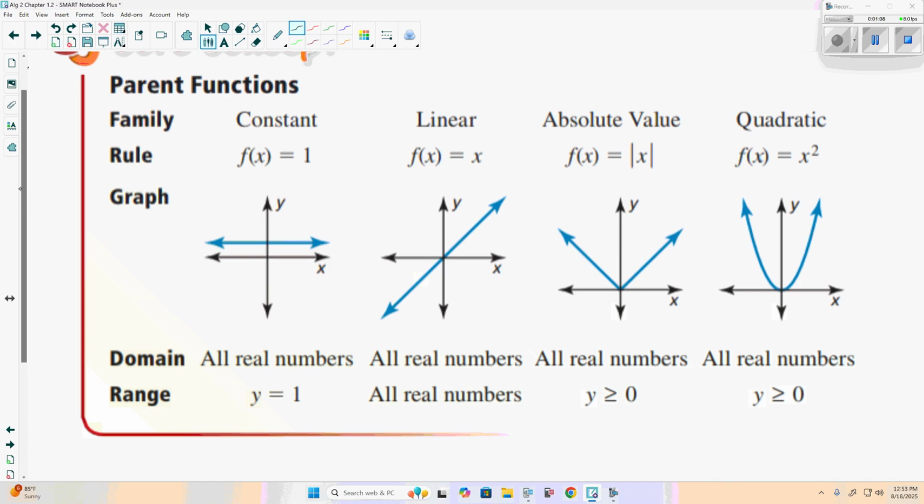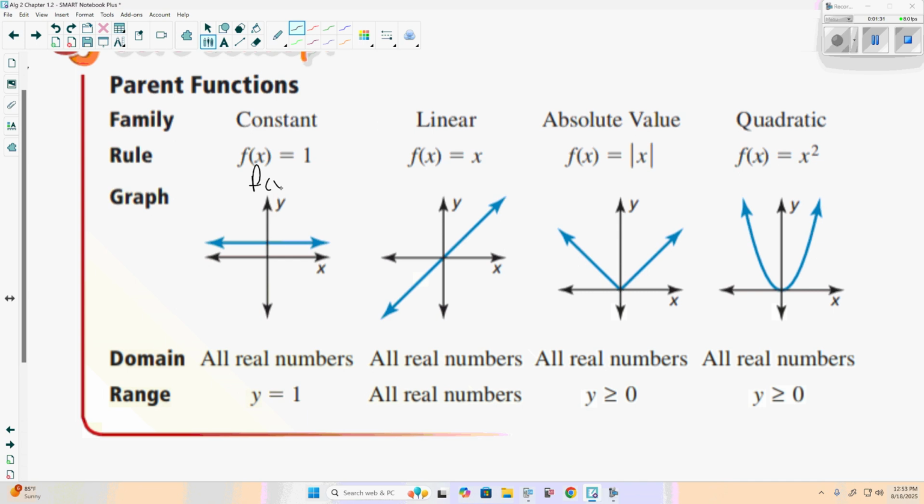The reason I say that is constant functions, in my opinion, aren't that interesting. It's just a flat line. Y equals 2. Y equals 1. We cannot apply a vertical stretch or shrink to it because it's a flat line. Really, the most we can do is move it up or down.